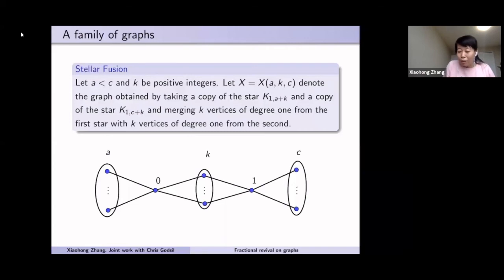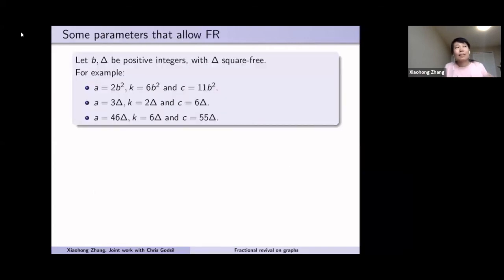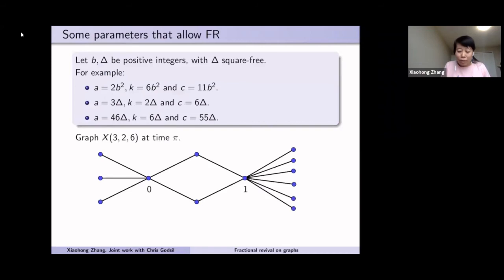We do have infinitely many graphs for FR to occur between them. Say B and delta are positive integers, delta square free. Each of those gives an infinite family. The smallest graph in this family is given by this one.